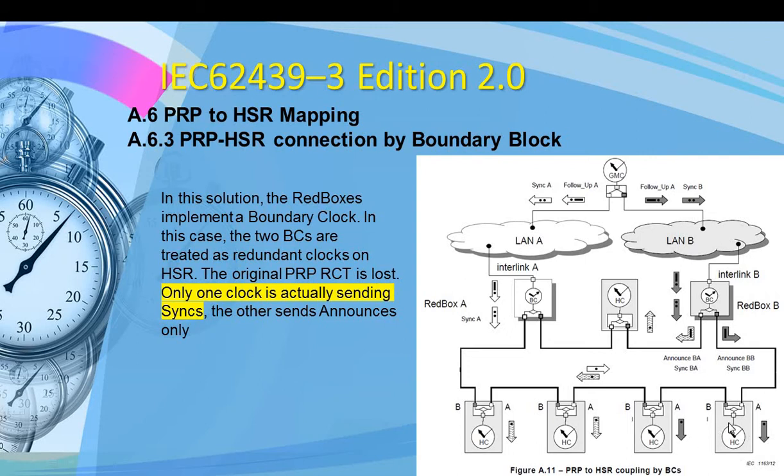On the right side, this hybrid clock forwards this copy, sync message B and another message B, because this clock is close to this port B. But this clock forwards announce BA and sync message BA because this device is close to port A.